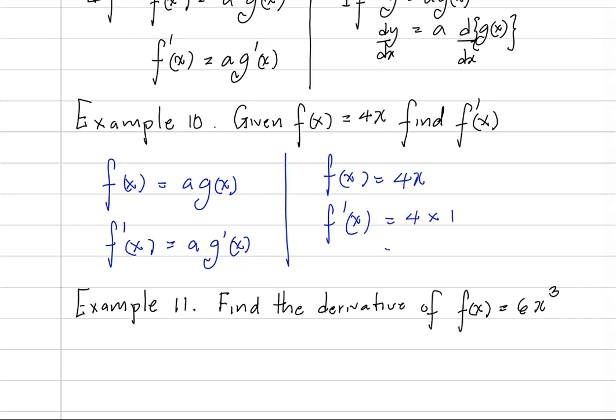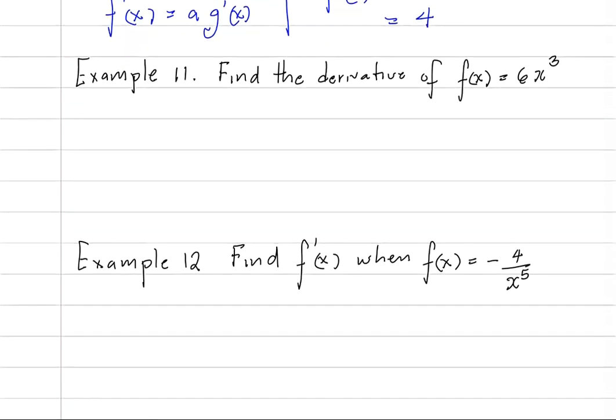So it's 4 times 1, which is 4. All right, so f of x is equal to 4x is in the form f of x is equal to a g of x, where g of x is some function of x. When you differentiate it, you keep the constant, which is the 4, multiplied by the differential of the function of x. Differential of x is 1, so it's 4 times 1, which is 4.